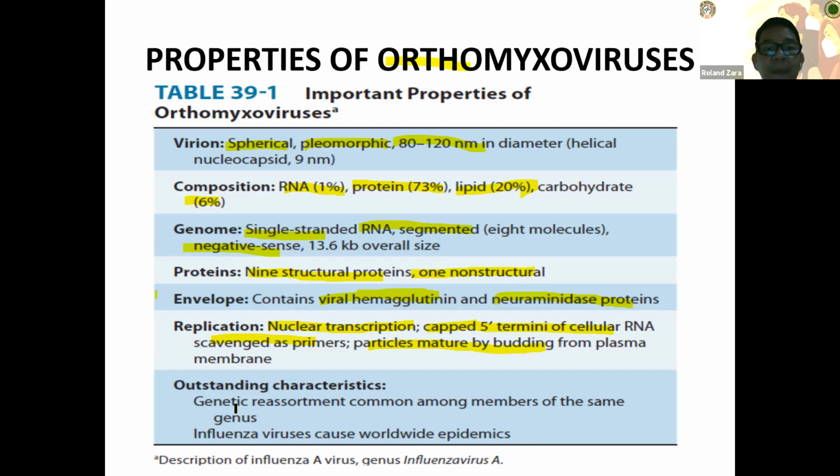So one important property of your orthomyxo is your genetic reassortment. It can change the structure of your hemagglutinin so that it will not be recognized by the antibodies. That's why there is what we call reassortment.